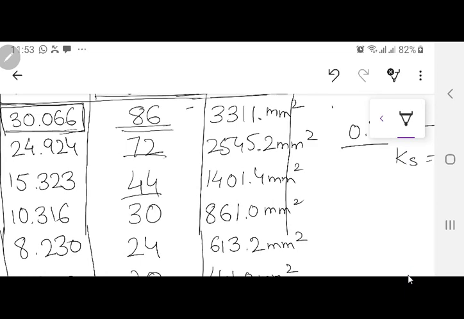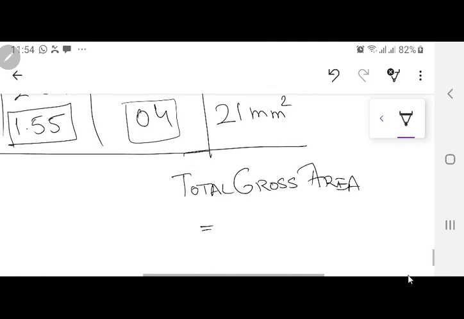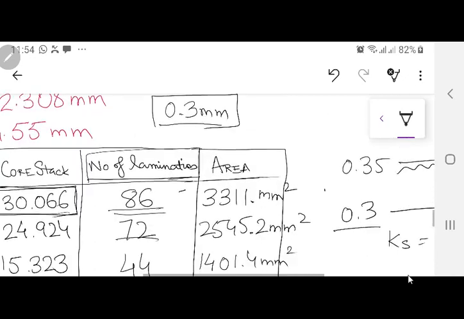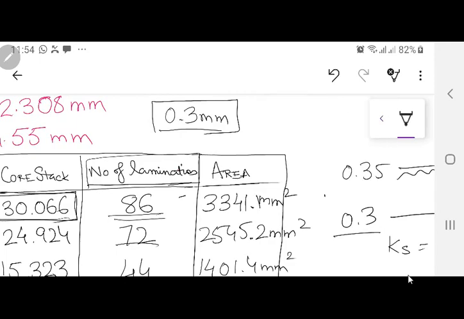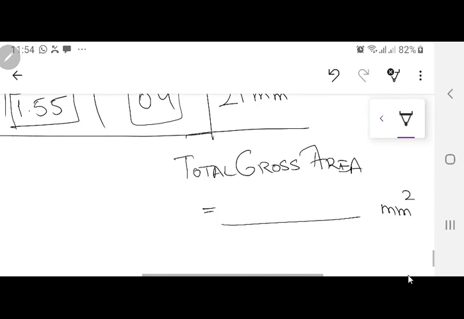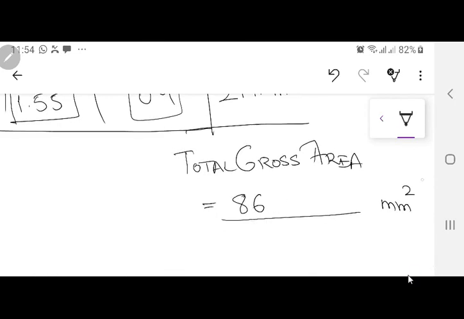Error मत करना. जी, add all these and give me the answer in mm square. सर पहला एरिया 3341. 41.1. 86. एक सेकेंड. 9086.7 आगे, बस इतना ही है.